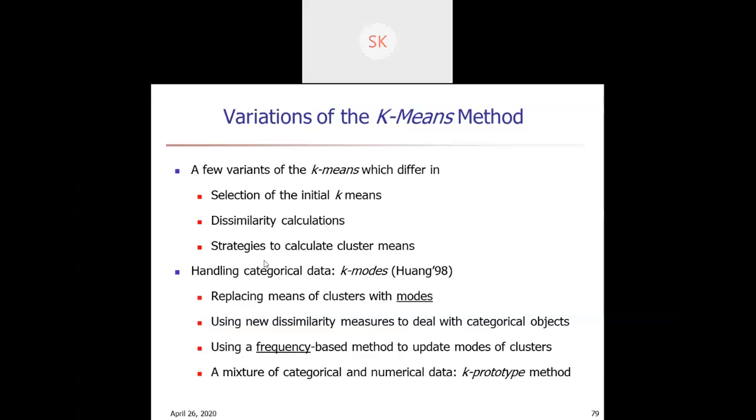Next is the strategy to calculate the cluster means. These are a few of the variants. The selection of the initial seed point also should not be arbitrary, such as simply taking whichever is the first point in the data set.